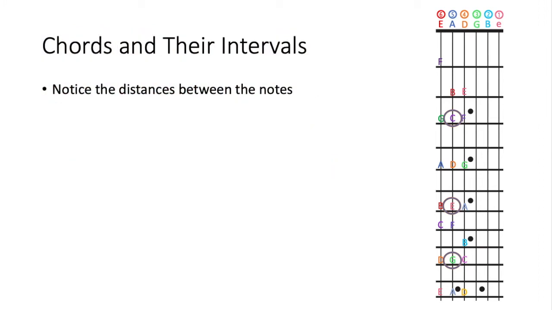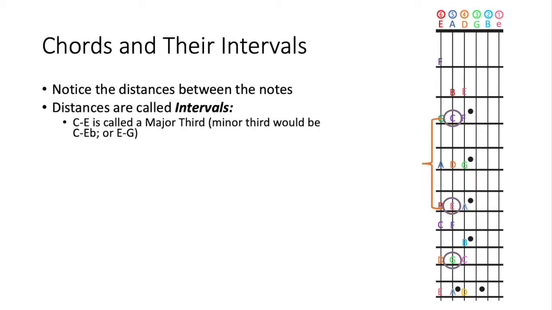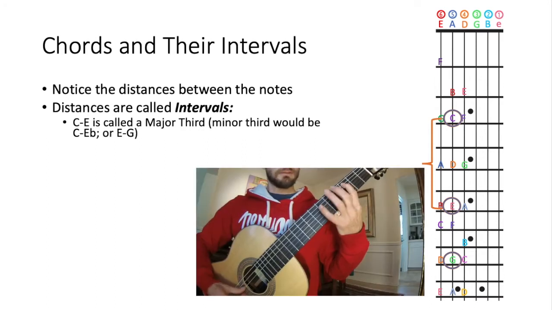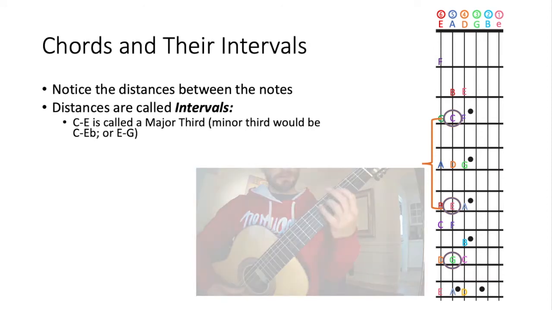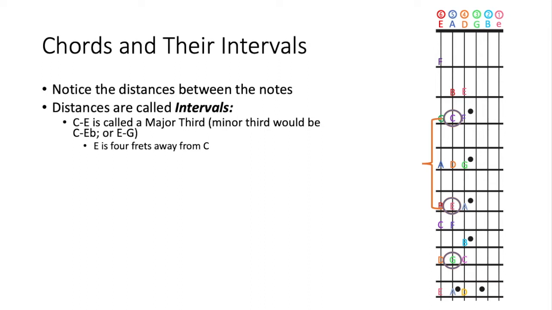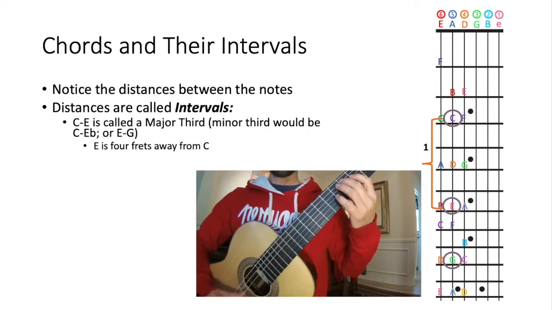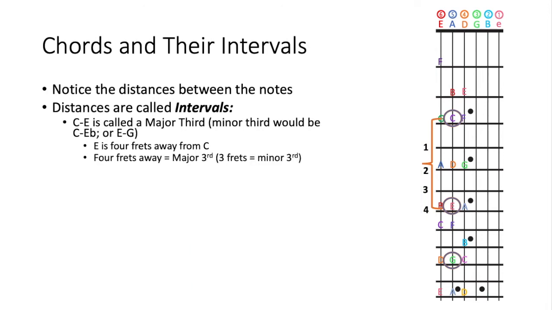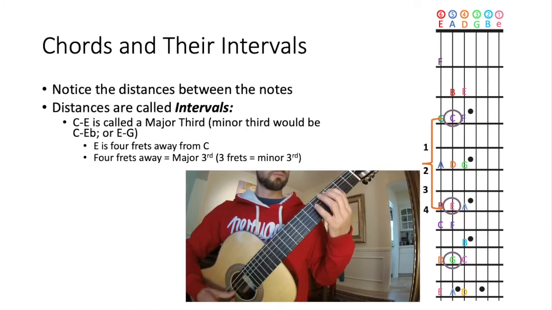Notice the distance between the notes. Distances are called intervals. C to E is called a major third. It sounds like this. A minor third would be C to E flat. E is 4 frets away from C. So you have C, then 2, 3, 4, E. 4 frets away equals a major third.